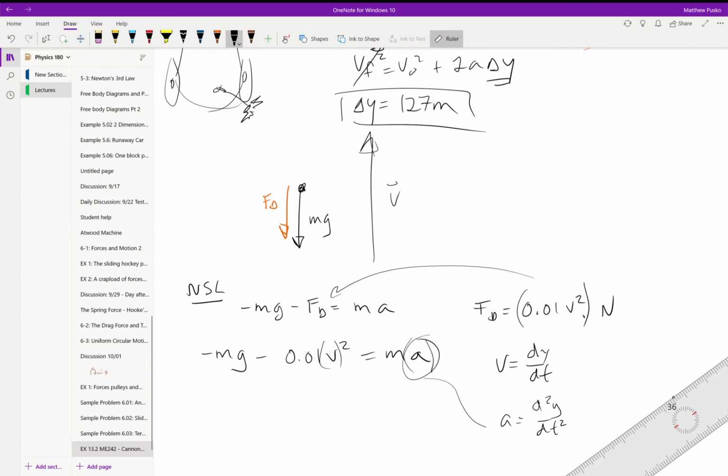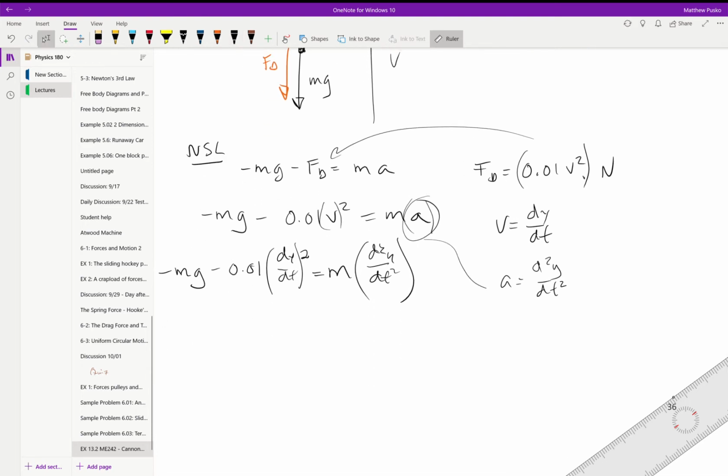So if I substitute those in here, I get a dy/dt right here, don't forget to square, and then I get a second derivative right there. This is a differential equation. It's relating something's first derivative to its second derivative.